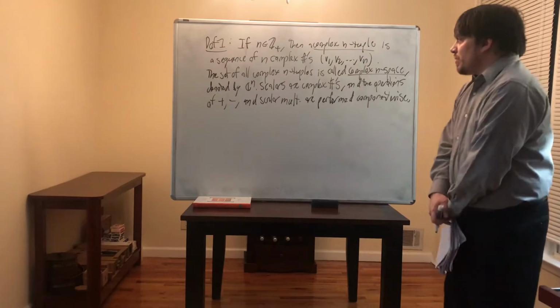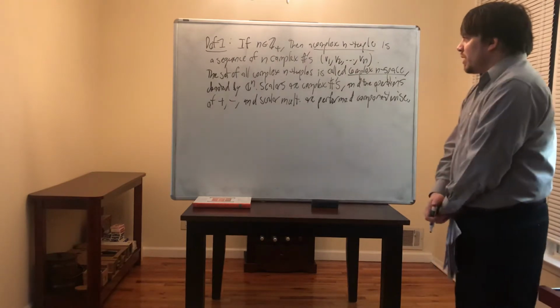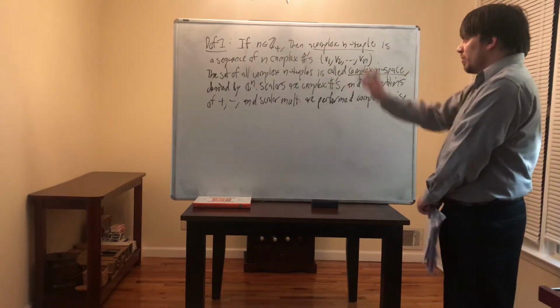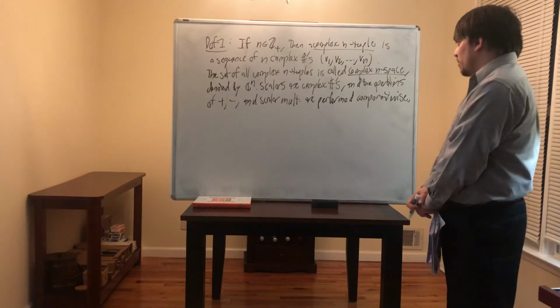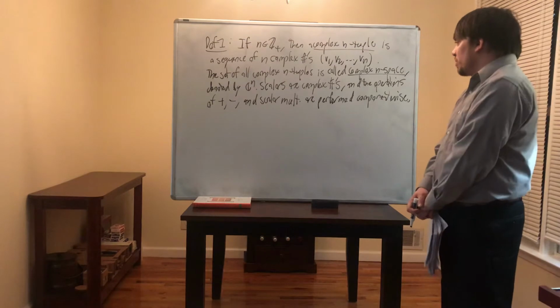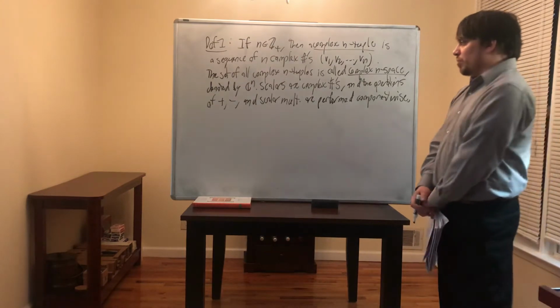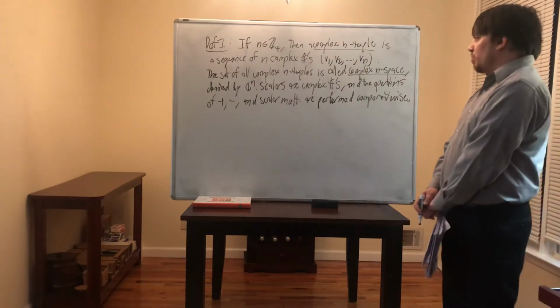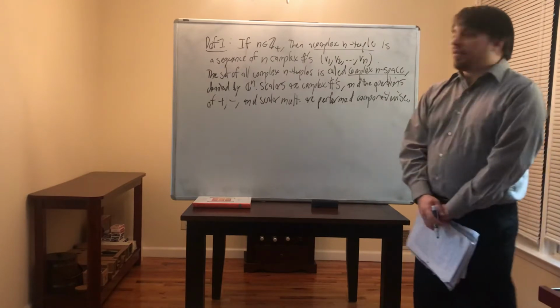So if n is a positive integer, then a complex n-tuple is a sequence of n complex numbers, v1 to vn. The set of all complex n-tuples is called complex n-space, denoted by C to the n. Scalars are complex numbers, and the operations are performed component-wise. Okay, so that's definition 1.